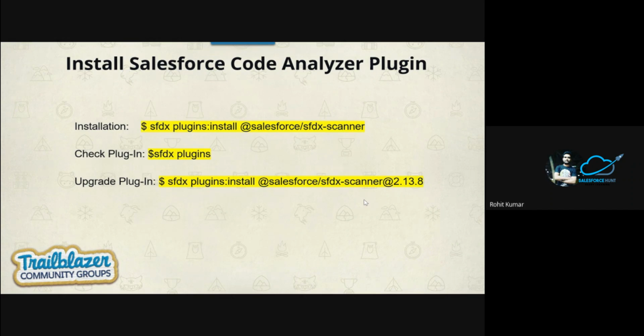That's why it is also available under VS Code, and it's easy to use because every SFDX command follows the IDE, right? So this is the first command for installation. If you install this code analyzer plugin in your machine or in your IDE, right? So this is the first command, sfdx plugins:install @salesforce/sfdx-scanner, right?